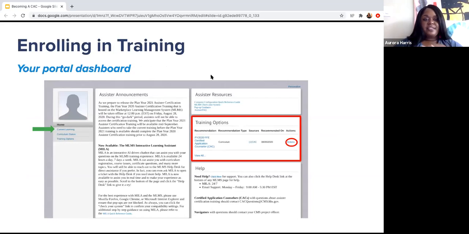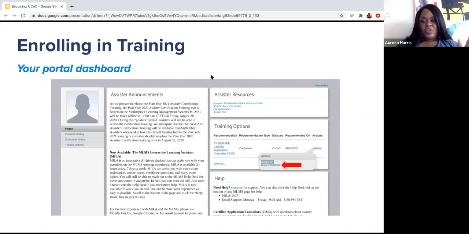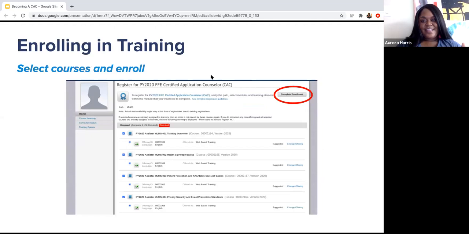So the next step is you're going to see your portal dashboard, and then you're going to see your training options. And then it'll say actions, and you want to click on actions. And then you want to click on view detail. And then you're going to click complete enrollment.